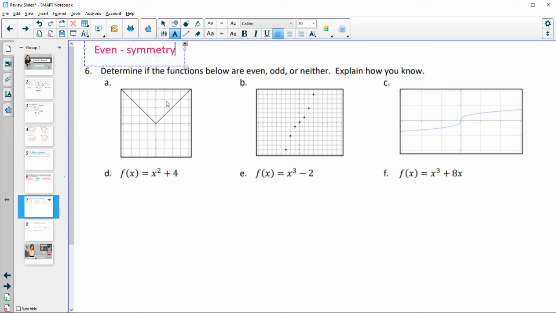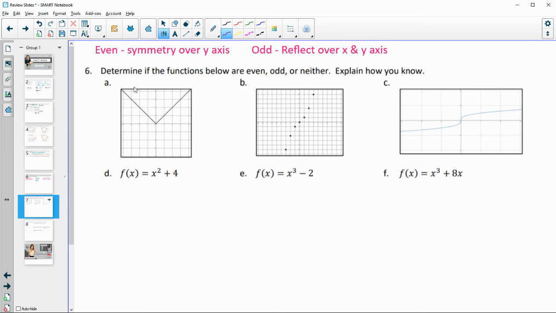And if it's odd, then it needs to reflect over both, so you reflect over the x and y axis and land on itself. So let's take a look at part A.